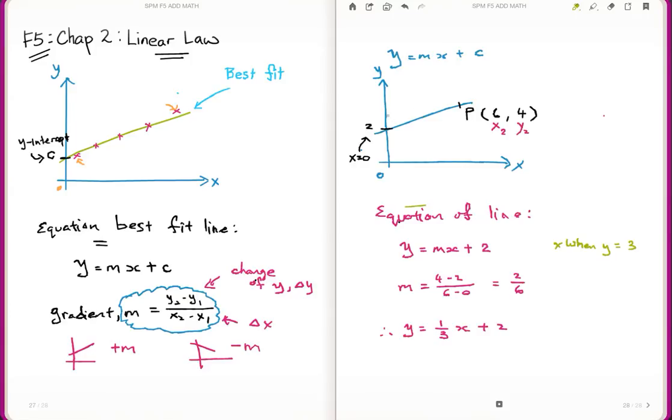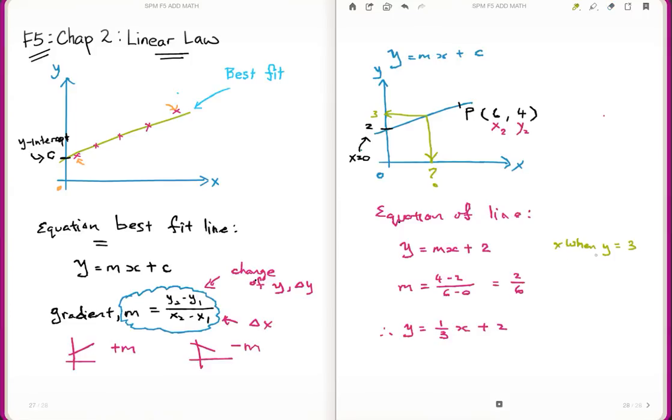Meaning, when the value here is 3, what would be the corresponding value here?